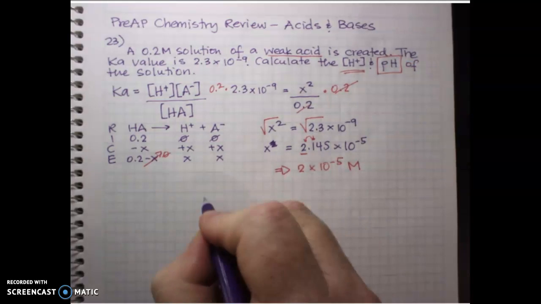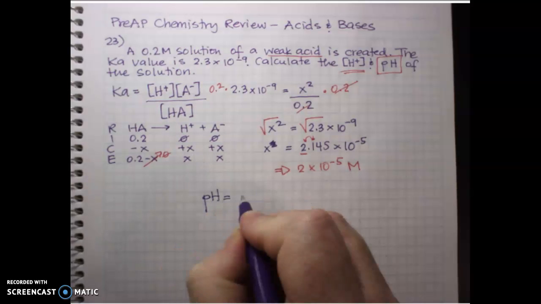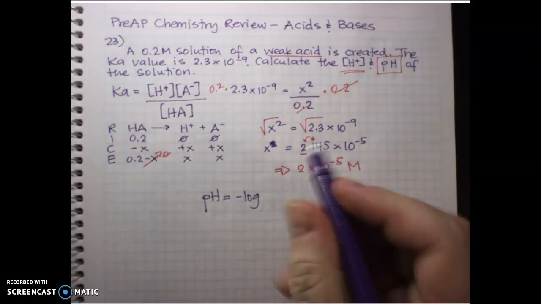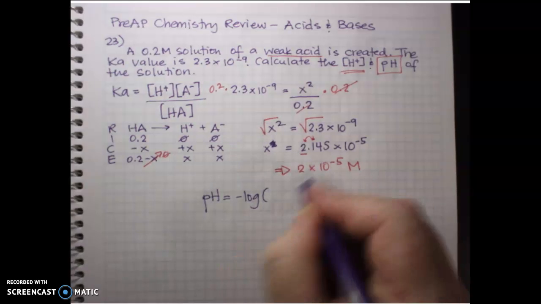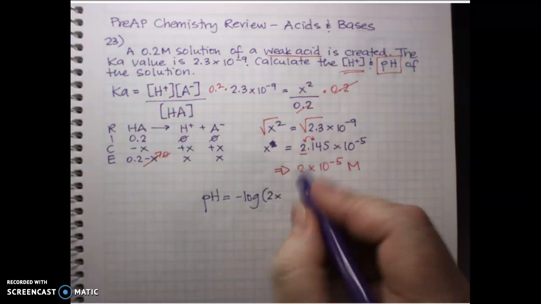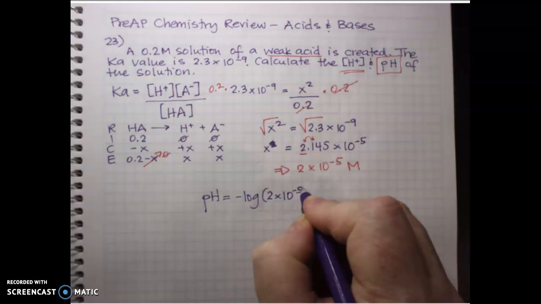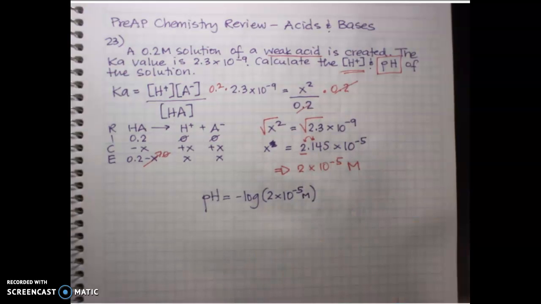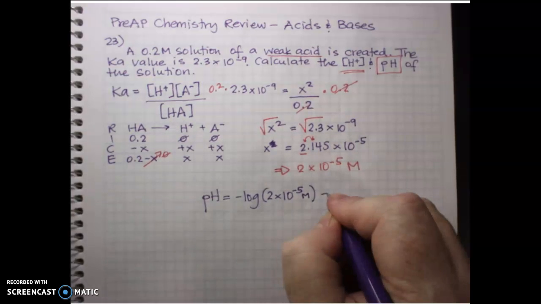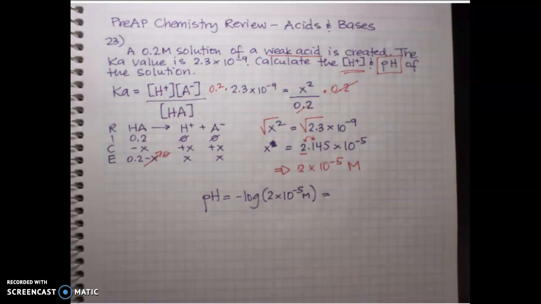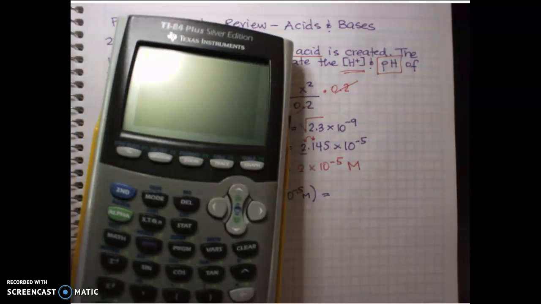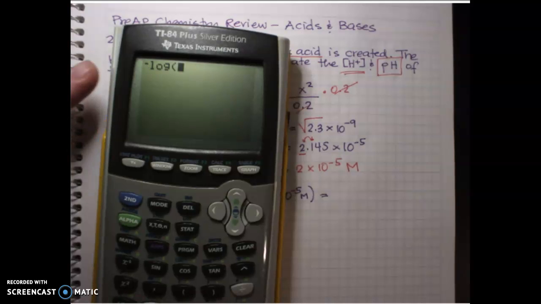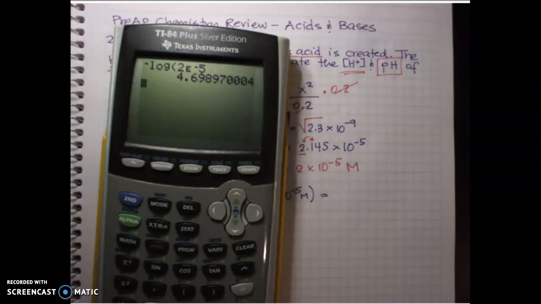So remember that pH equals the negative log of whatever that concentration is. And in this case, it is 2 times 10 to the minus 5 molar. Calculate that: negative log of 2 times 10 to the negative 5.